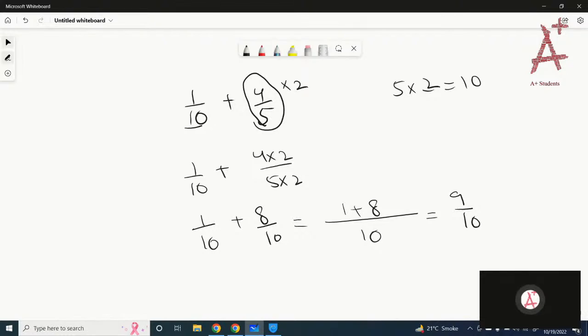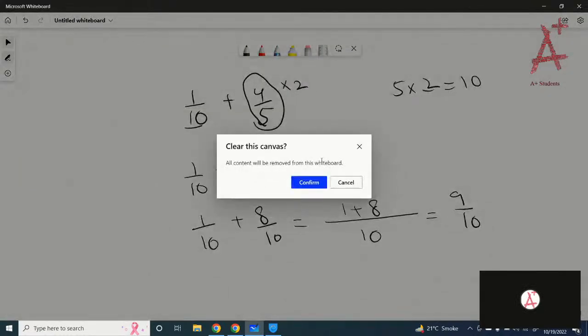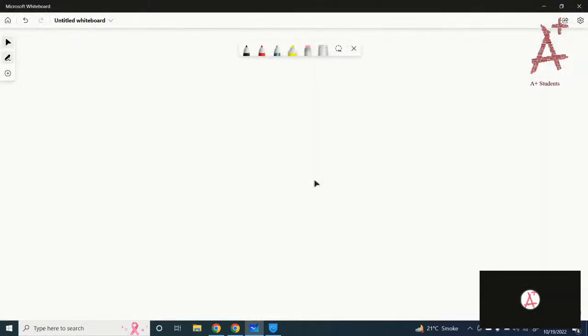Okay, the next one is 3 by 10 plus 1 by 2. Again, they have different denominators. They have unlike denominators. So first you have to make their denominators same. You have to make them like denominators.